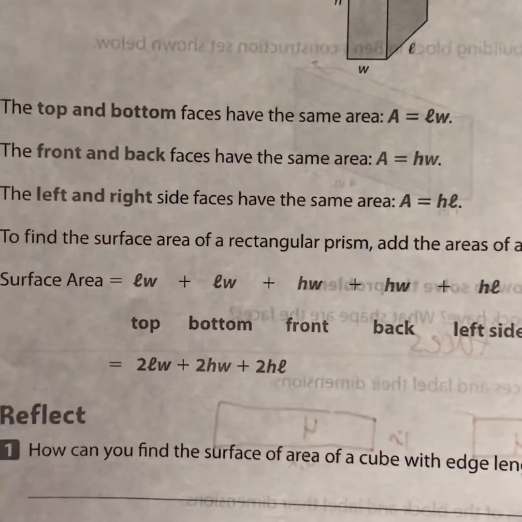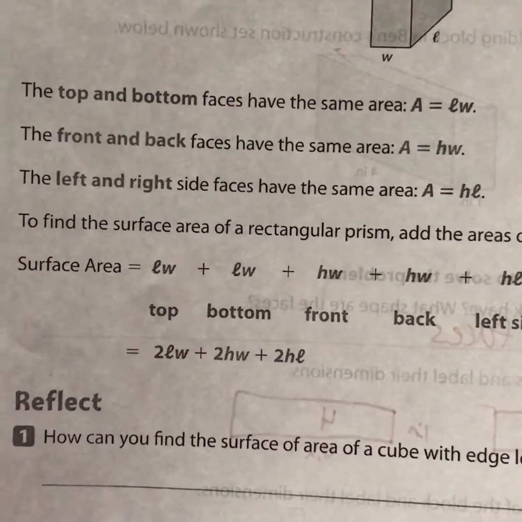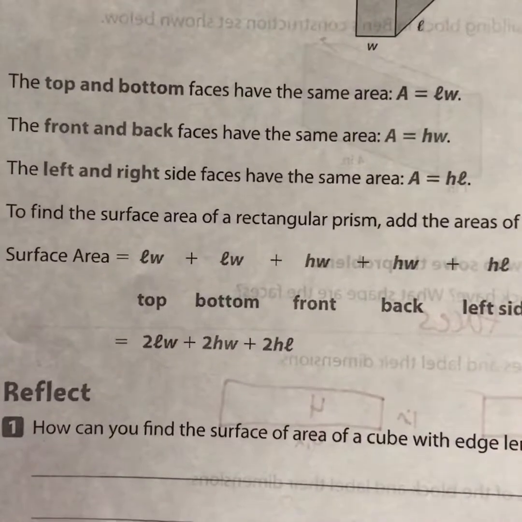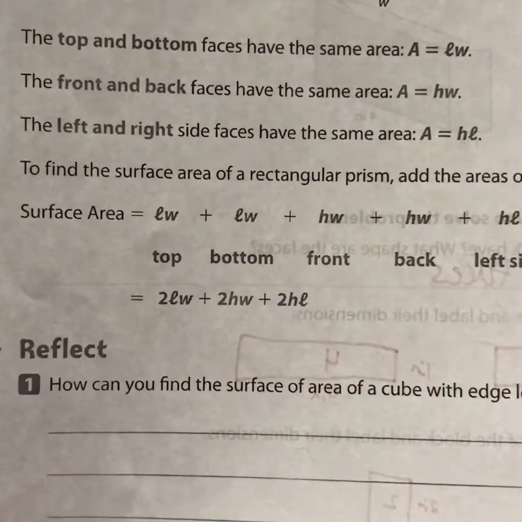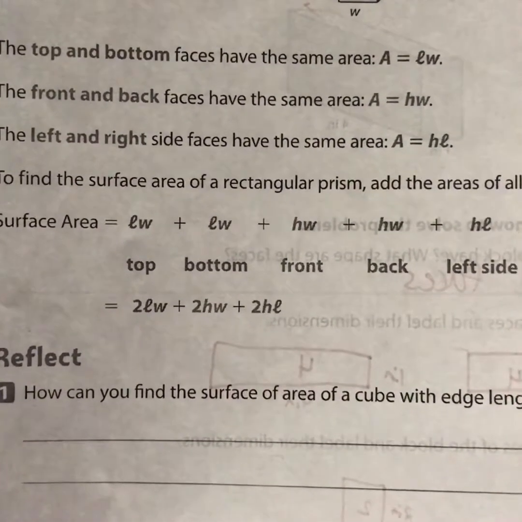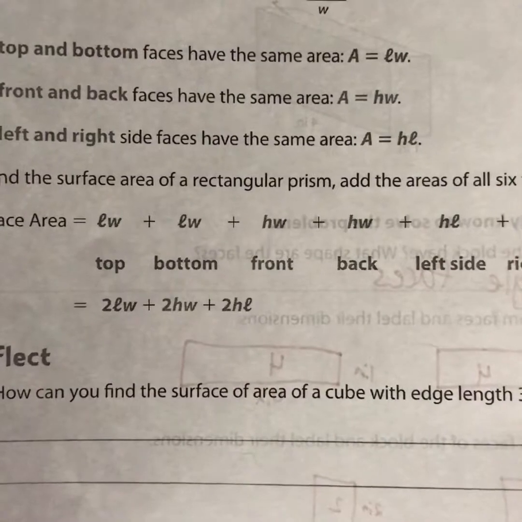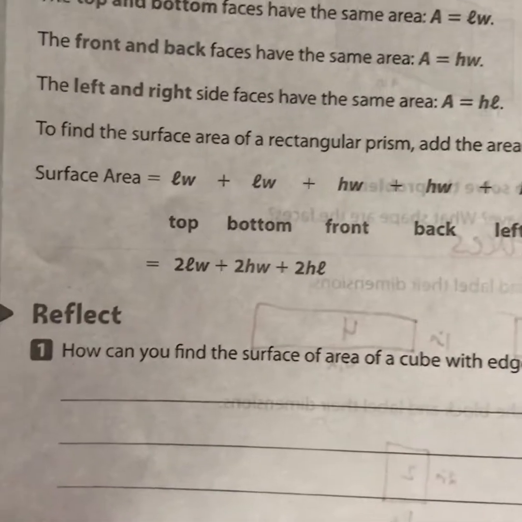The top and bottom faces have the same area, length times width. The front and back faces have the same area, height times width. And the left and right side faces have the same area, height times length. To find the surface area of a rectangular prism, add all the areas of all 6 faces.